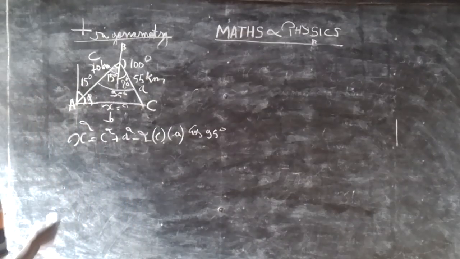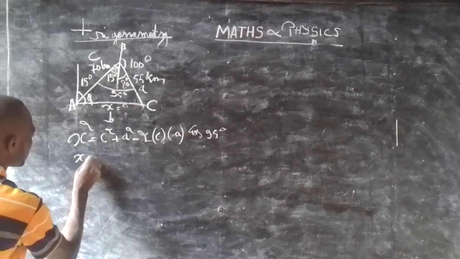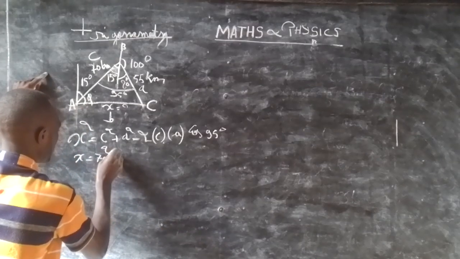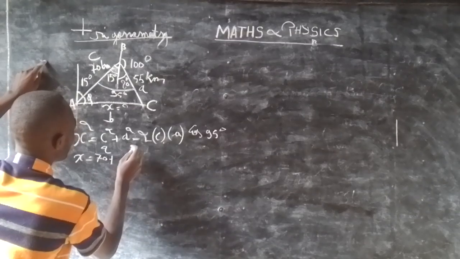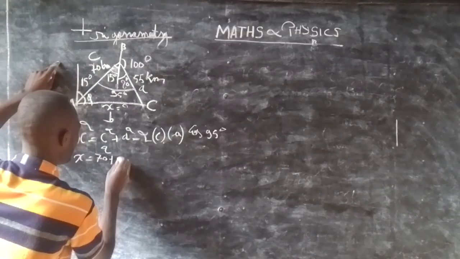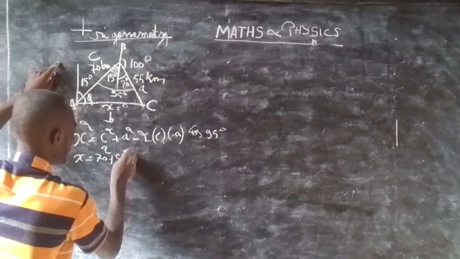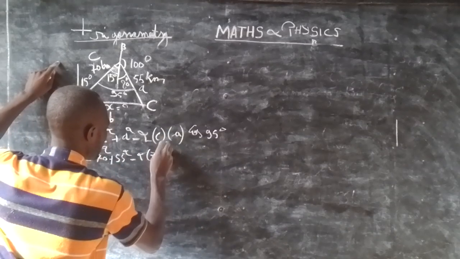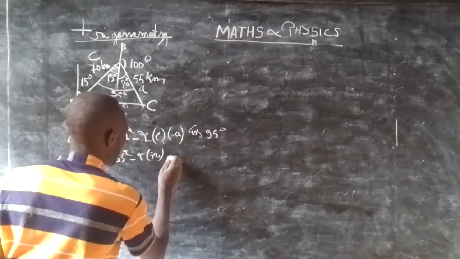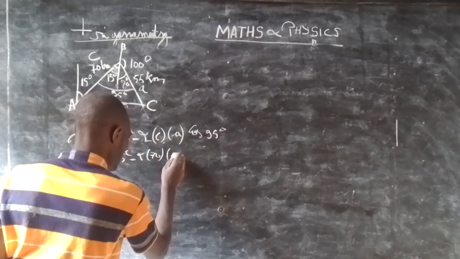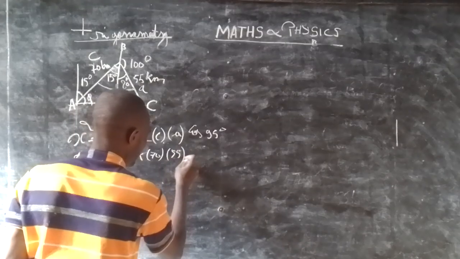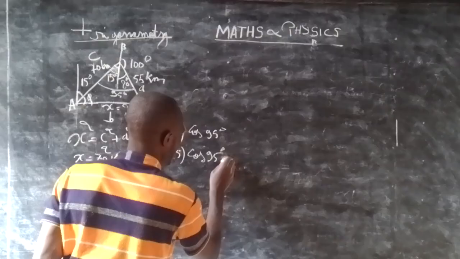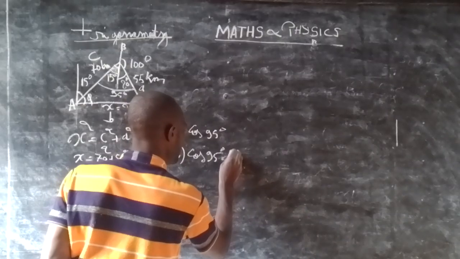So let's go. x squared is equal to 70 squared plus 55 squared minus 2 times 70 times 55 cosine 95, which is equal to how much?